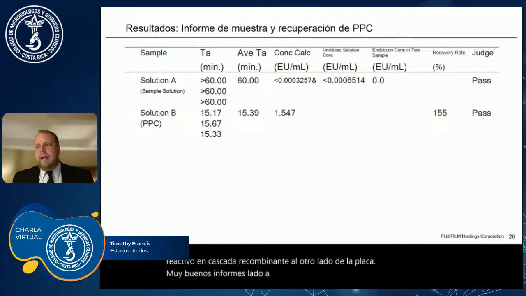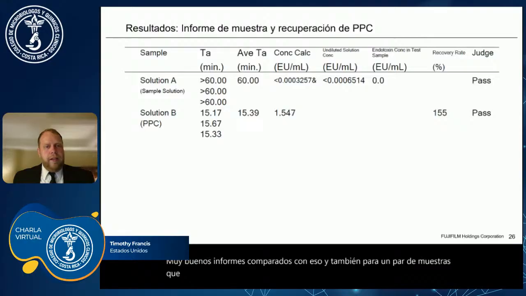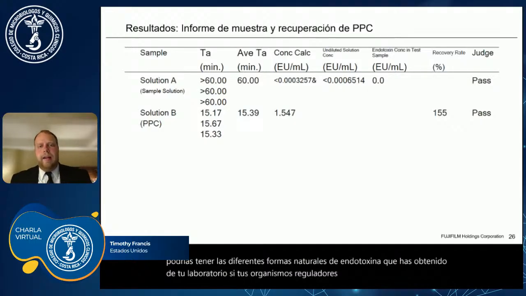And then also for a couple samples, you could have the different natural forms of endotoxin that you have acquired from your lab, if your regulatory bodies require that. Some may not even need that.